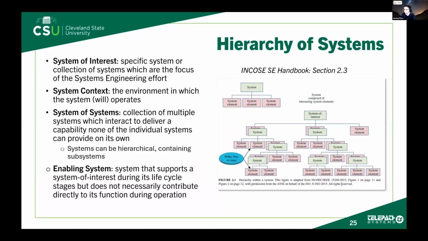components. And then an enabling system is anything that is outside of the system boundary. You don't have to have an enabling system, but if you have one, it's outside the system boundary and helps the life cycle stages, like maintenance, but it may not necessarily contribute during direct operation. And perspective is going to be key for this.